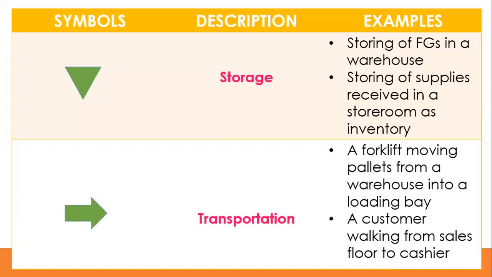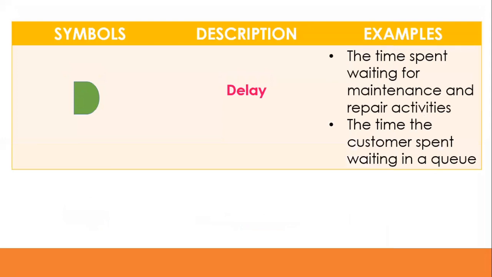And the last symbol that we will be using in constructing a flow process chart would be the capital letter D, which represents delay. Delay is used in situations like temporary waiting of something or somebody. What I mean is that it occurs when a part is not immediately permitted to be processed at the next workstation.